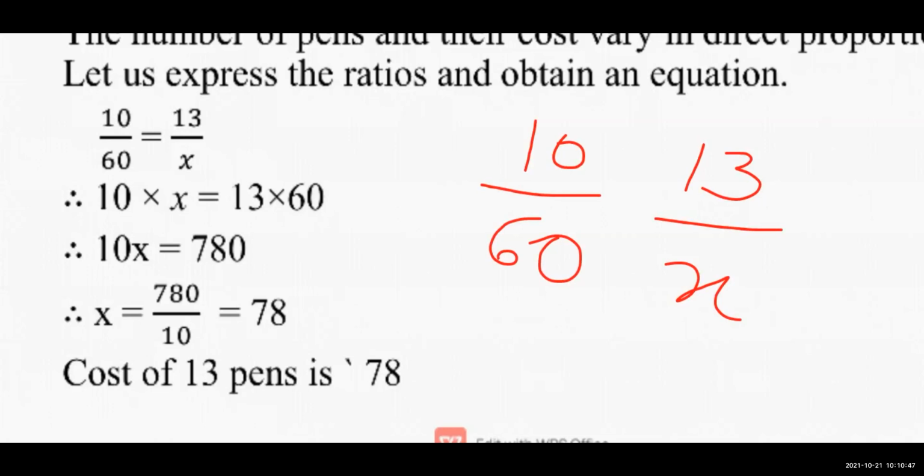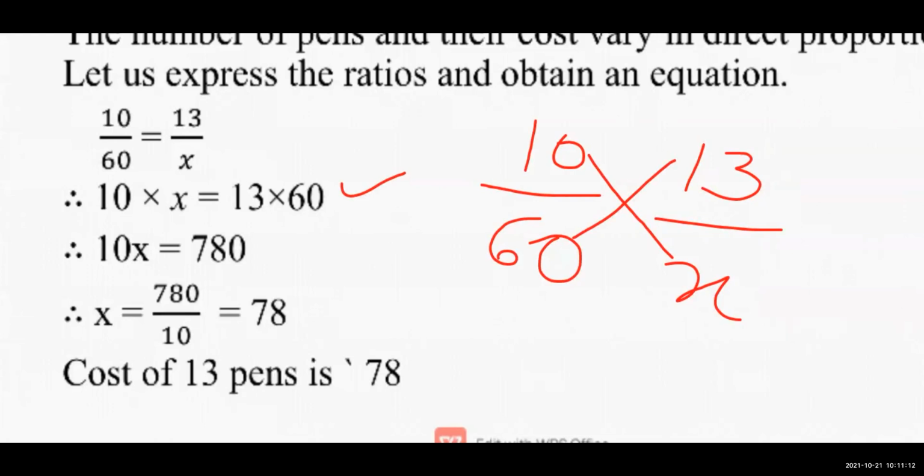Clear? Now next step we are going to cross multiply. What will you cross multiply? 10 into X equal to 13 into 60. Second step, after writing the ratio or the equation, we are going to do the cross multiplication. 10 into X equal to 13 into 60.